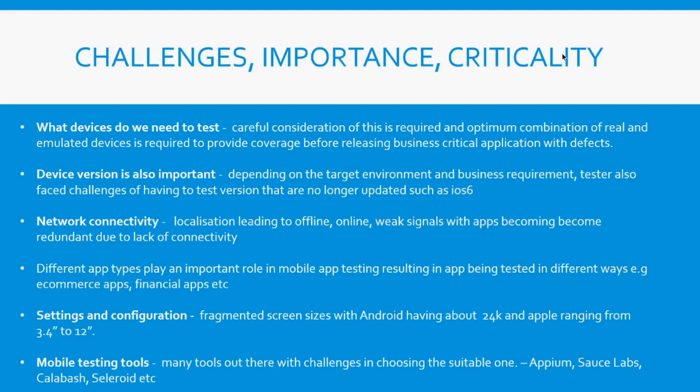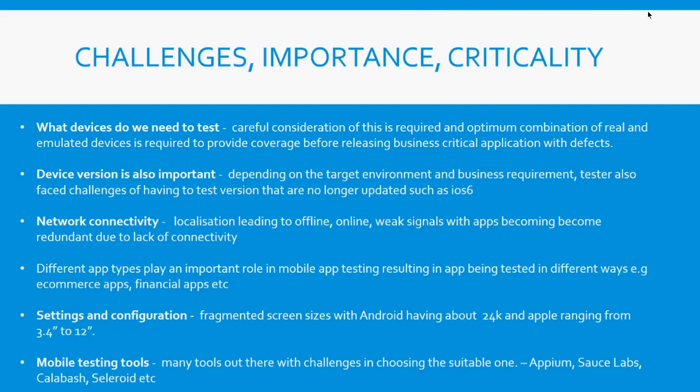Now, what we're going to be talking about next is the challenges, importance, and criticalities of mobile app testing. It's important that we know what devices we need to test. As a tester, you need to be able to understand what you need to test.